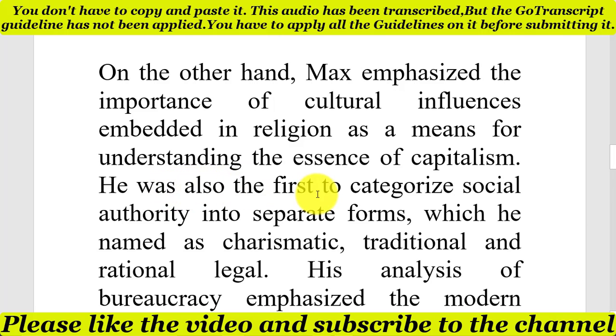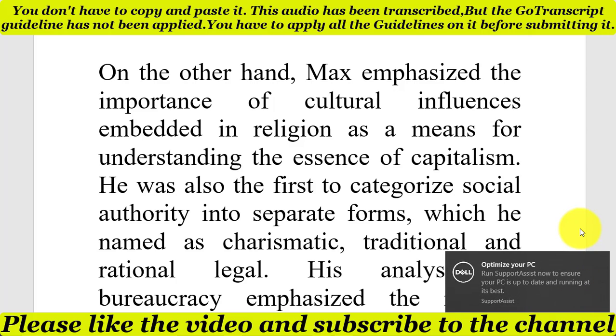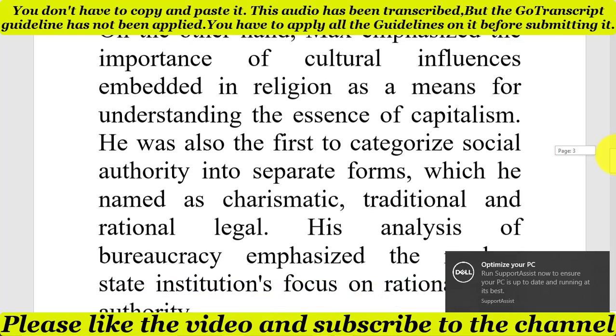He was also the first to categorize social authority into separate forms, which he named as charismatic, traditional, and rational-legal. His analysis of bureaucracy emphasized the modern state institutions' focus on rational legal authority.